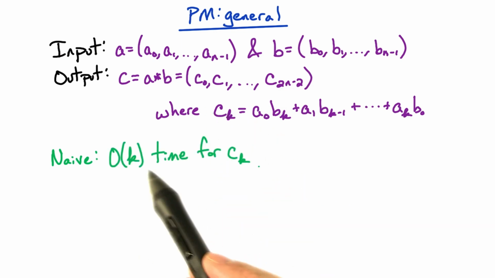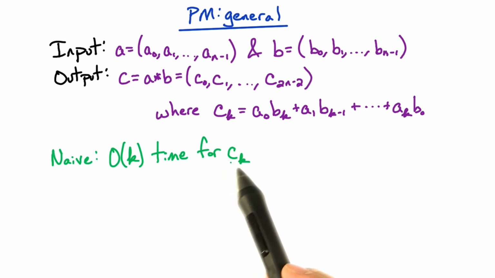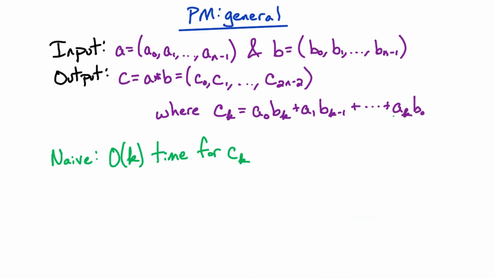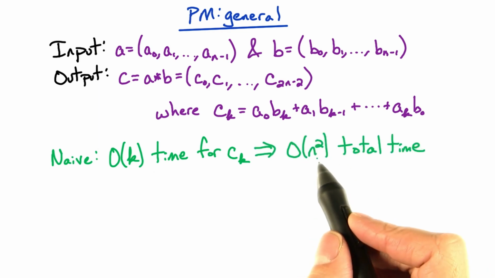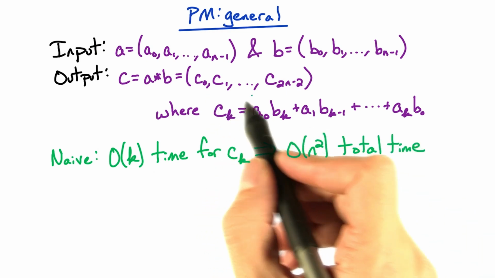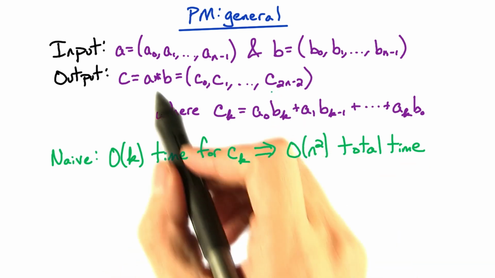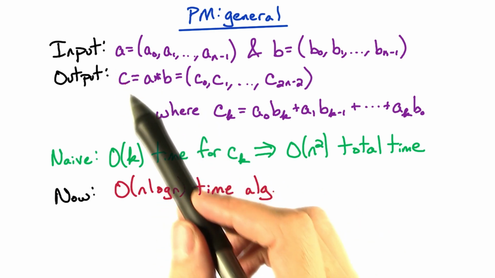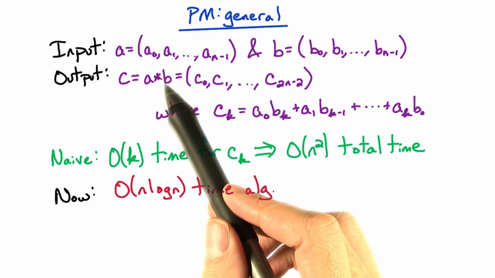Well, a naive algorithm takes order k time to compute the kth coefficient, because there are order k terms that we have to sum up. This is going to lead to an order n squared time algorithm to compute all of the order n coefficients of the polynomial c of x. What we're going to do now in this lecture is an order n log n time algorithm for computing this product polynomial c of x, the convolution of a and b.